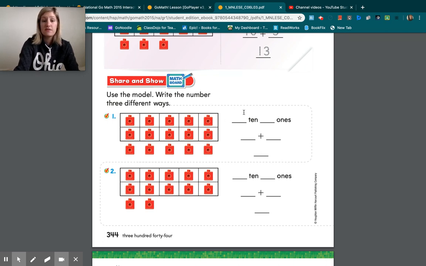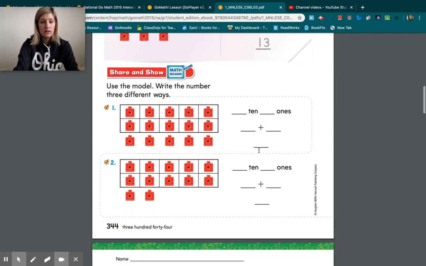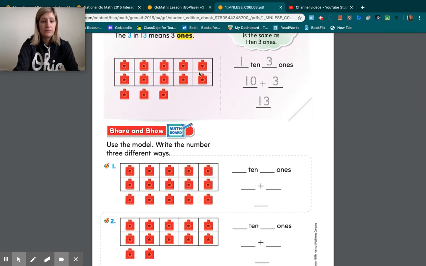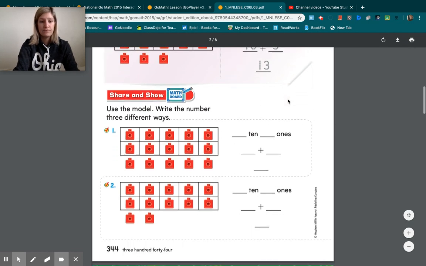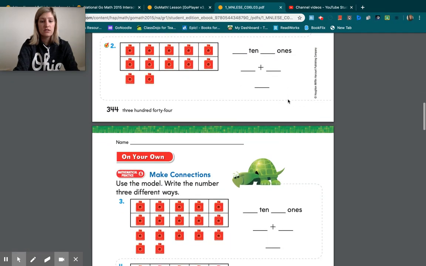Find out how many groups of 10 and write it here. Find out how many ones and write it here. Then you're going to write 10 plus the ones and write the answer, okay? And they show you a model up here. So this has 1 ten, and it has 3 ones, which we can also write as 10 plus 3, which gives us 13.